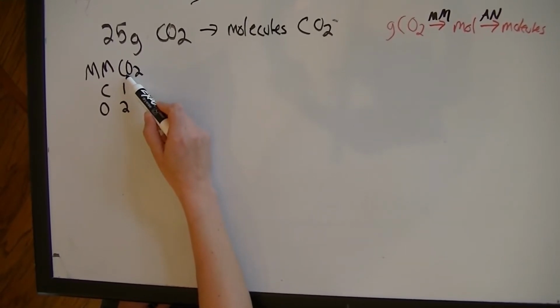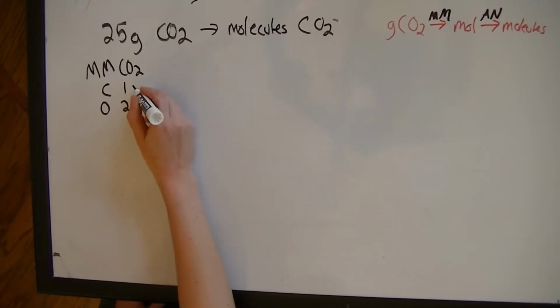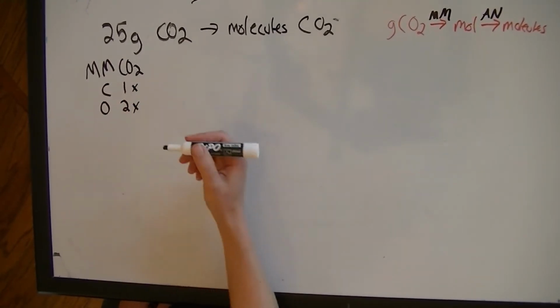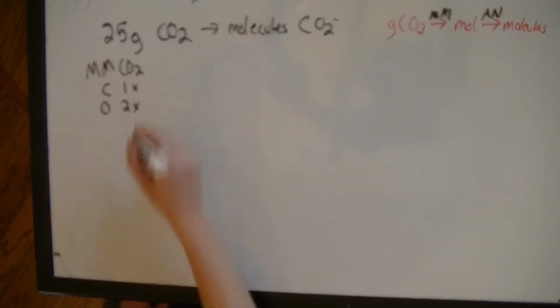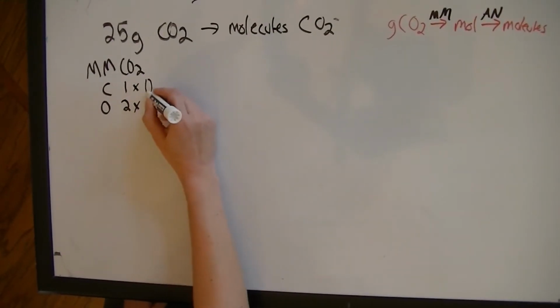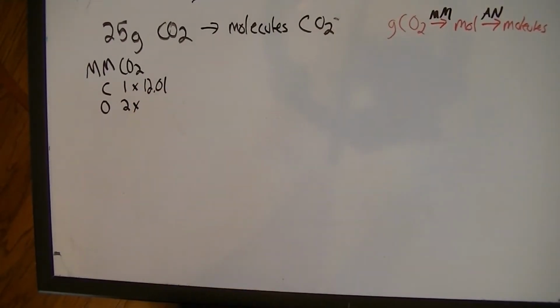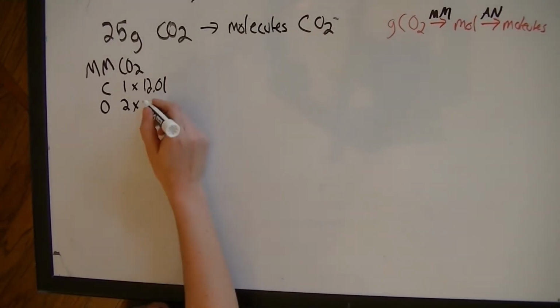So carbon, no subscript, so just one atom, oxygen, 2. I then look up their molar masses on the periodic table. So carbon is 12.01. And oxygen is 16.00.